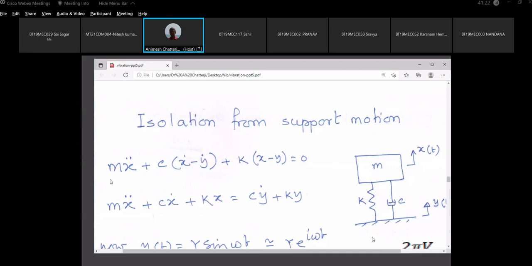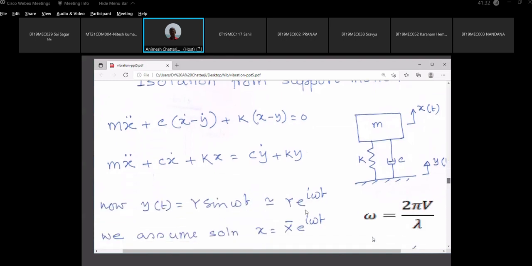Then the equation of motion is m x double dot plus c (x dot minus y dot) plus k (x minus y) equal to 0. Or in other words, m x double dot plus c x dot plus k x is equal to c y dot plus k y. Write this down, draw the picture and write the derivation in your notebook, so that right now you understand how the answers are coming.